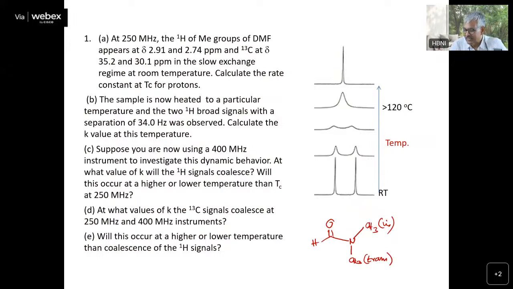So this will be your cis, this will be your trans, because of anisotropic deshielding by the carbonyl. And there is a restricted rotation due to N lone pair and C double bond O resonance. So this makes partial double bond character of this bond.